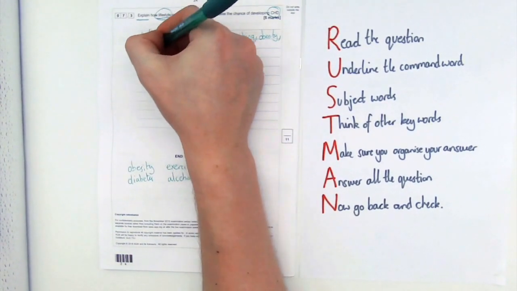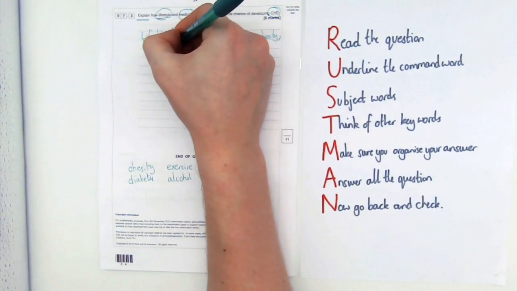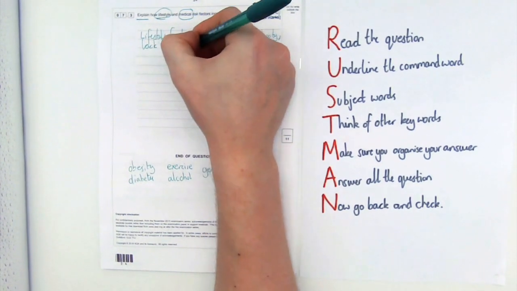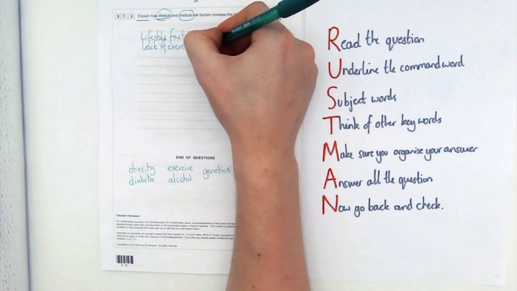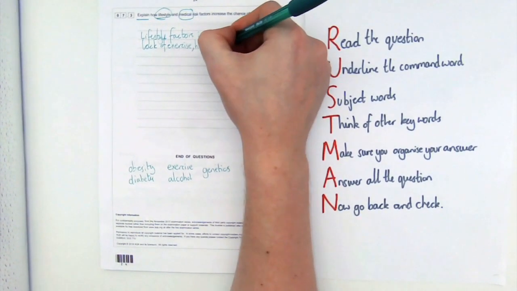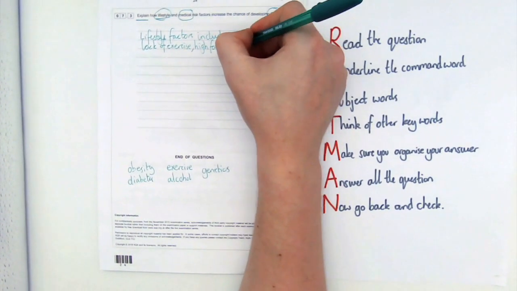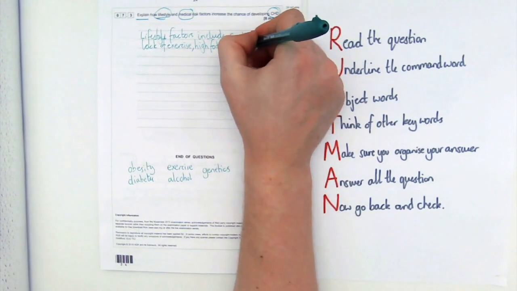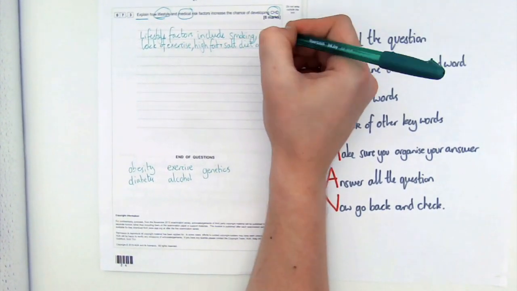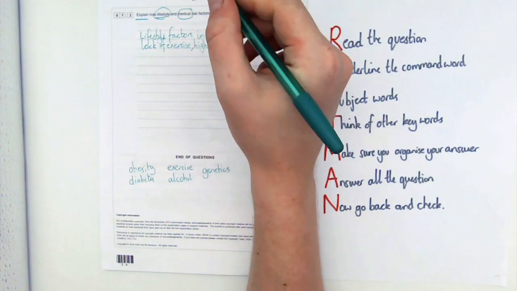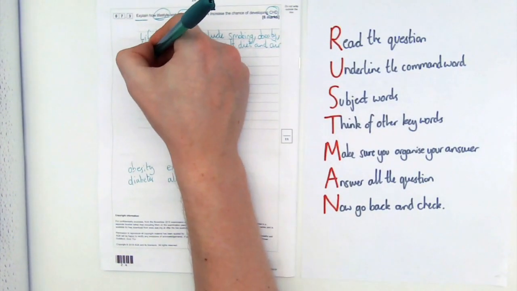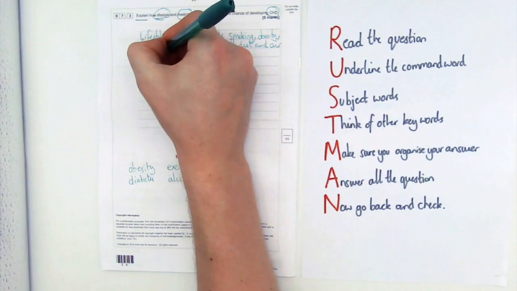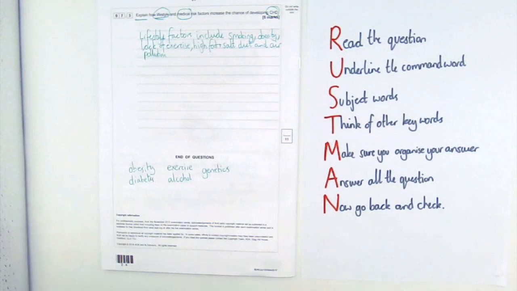Things like lack of exercise, things like a high fat and salt diet, and one more might be air pollution. So for instance, you get more coronary heart disease in urban areas.